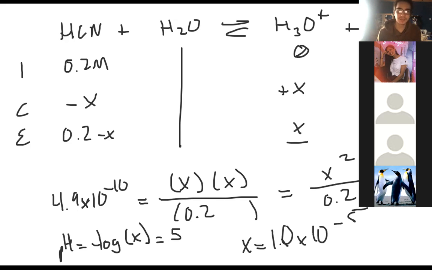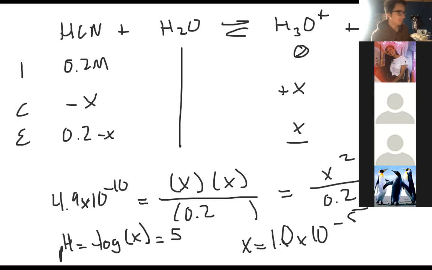Something I like to do when doing a problem like this is logically check to make sure your answer makes sense. So we have HCN. We know it's an acidic compound, so our pH checks out. It is close to acidic rather than basic or neutral.